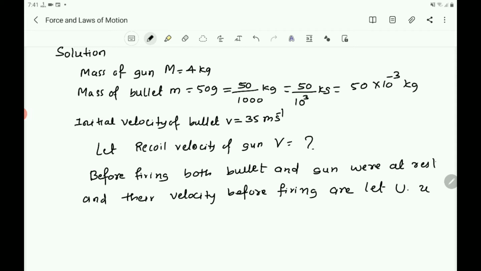Here capital U is the velocity of the gun before firing, and small u is the velocity of the bullet before firing.